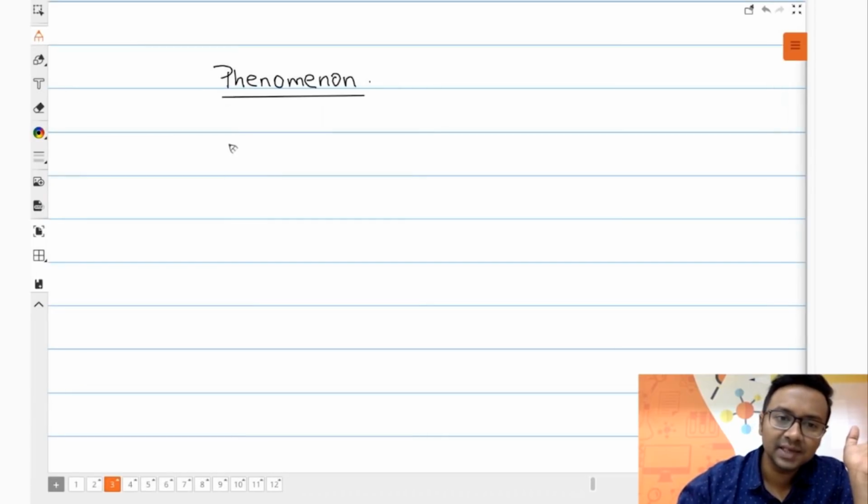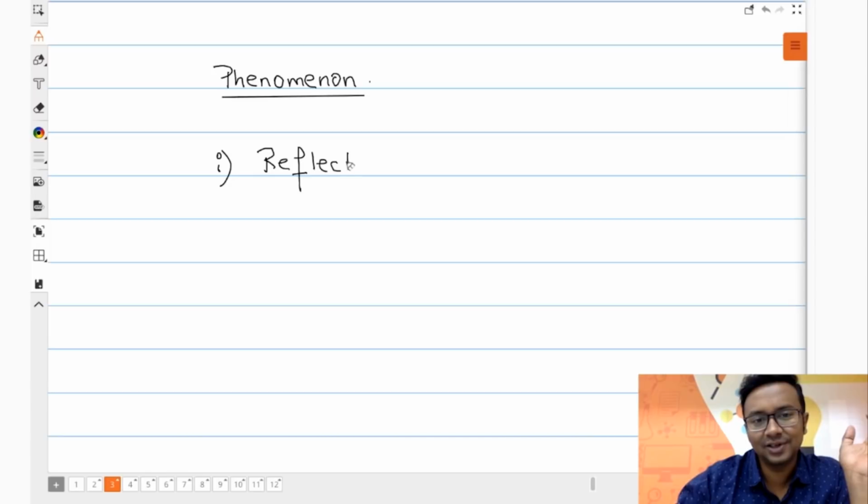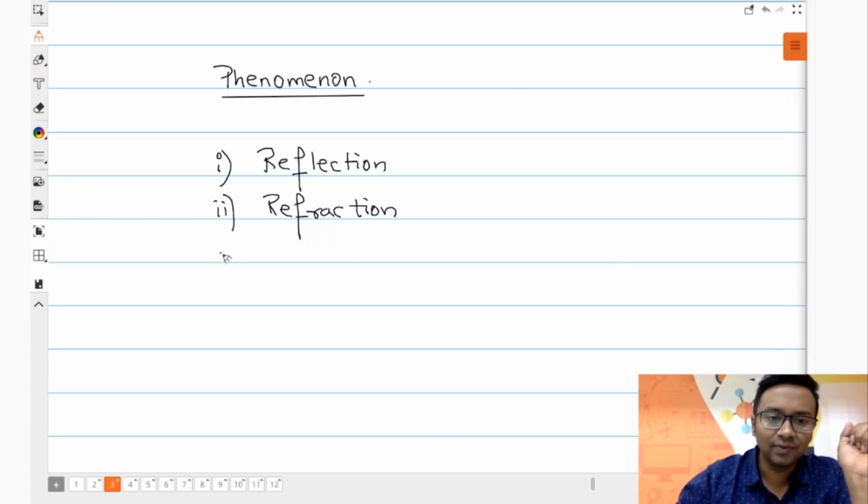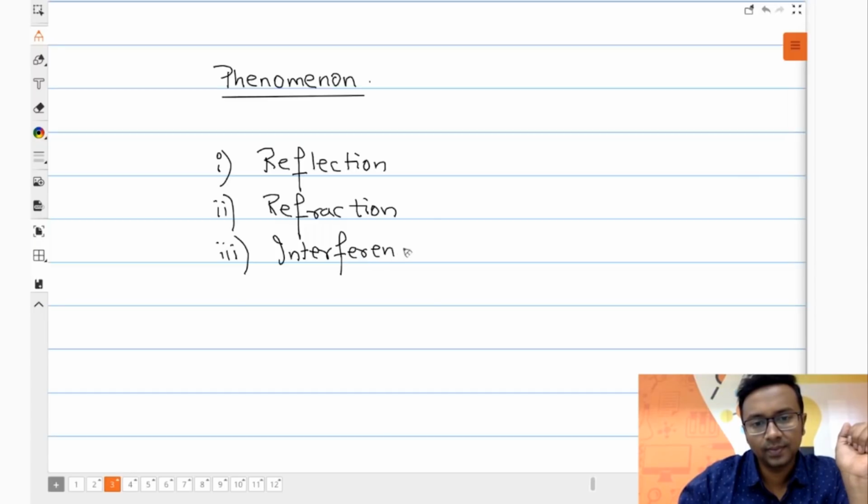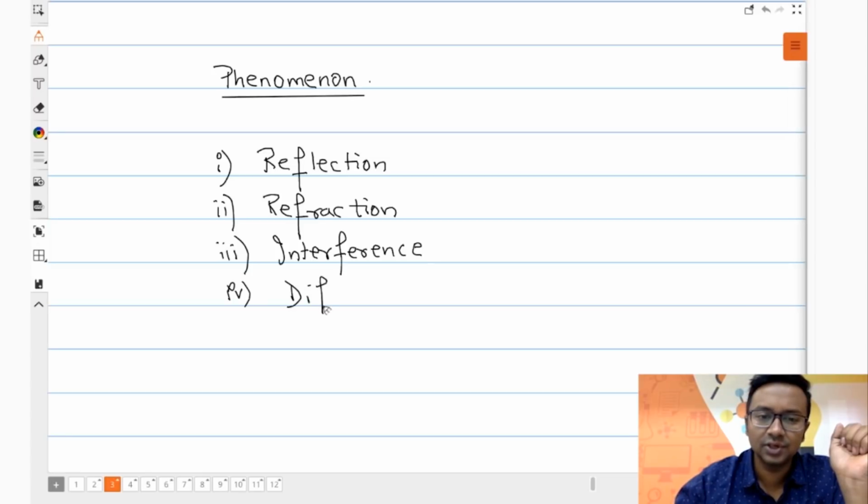So students, let's say we've got reflection, we have got refraction, we have interference. And after that, we have got diffraction, and finally, we are having polarization.